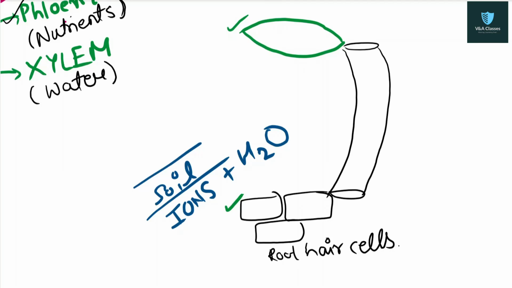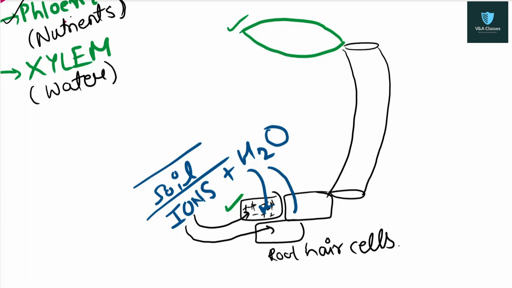Okay, so what these root hair cells will do, they will actively take up ions which are present in the soil. As a result of which there will be more ionic charges inside the cell, and we have already studied that whenever there is movement of charge or movement of ions, this is accompanied by what? Movement of water.